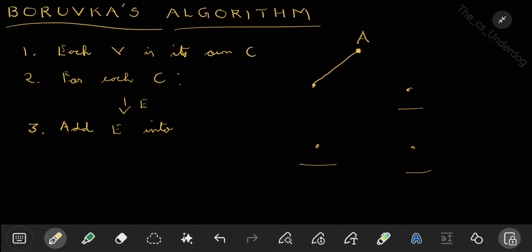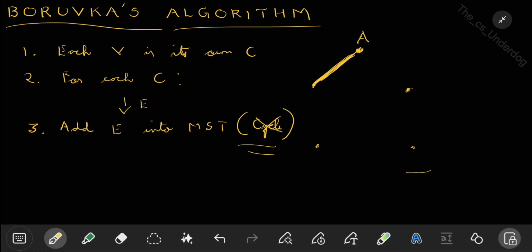Add all the edges into your MST. While adding, you have to make sure that there are no cycles formed, because if a cycle is formed, it cannot be an MST. So make sure that no cycle is formed while you are adding these edges. Let us say for this particular vertex, you found this edge as the smallest outgoing.